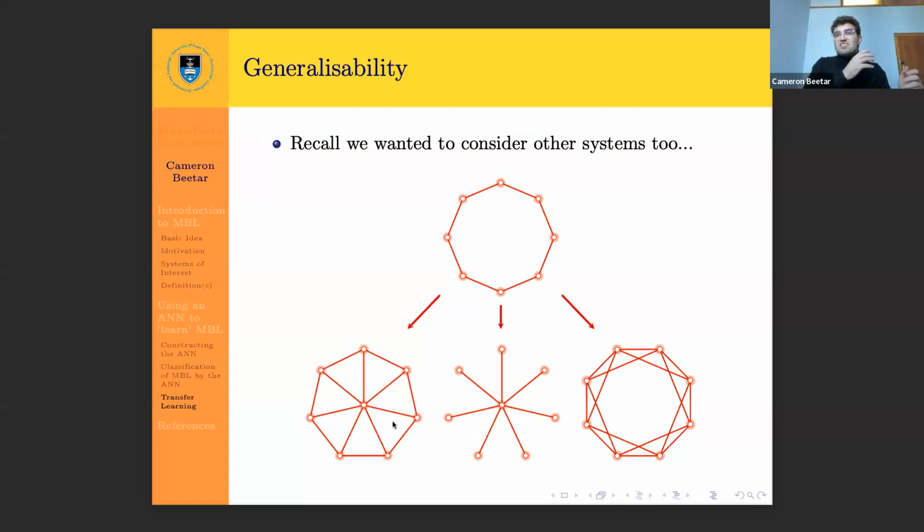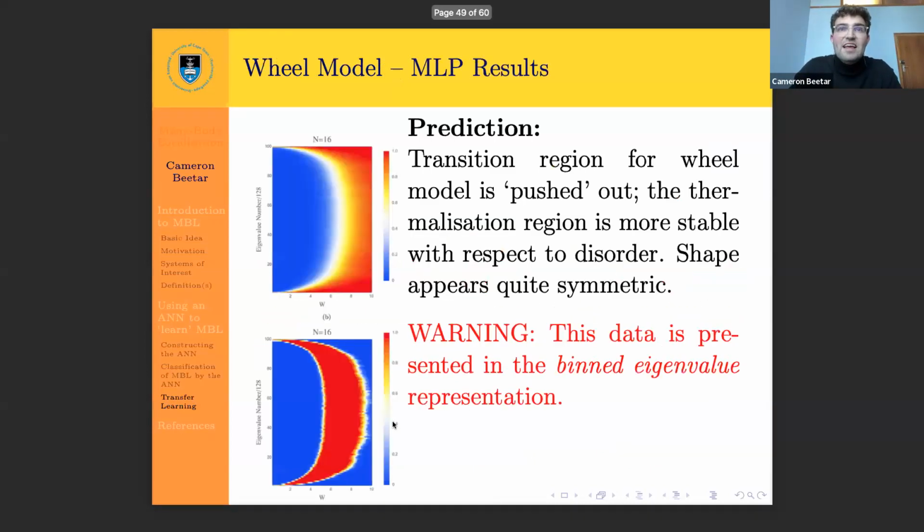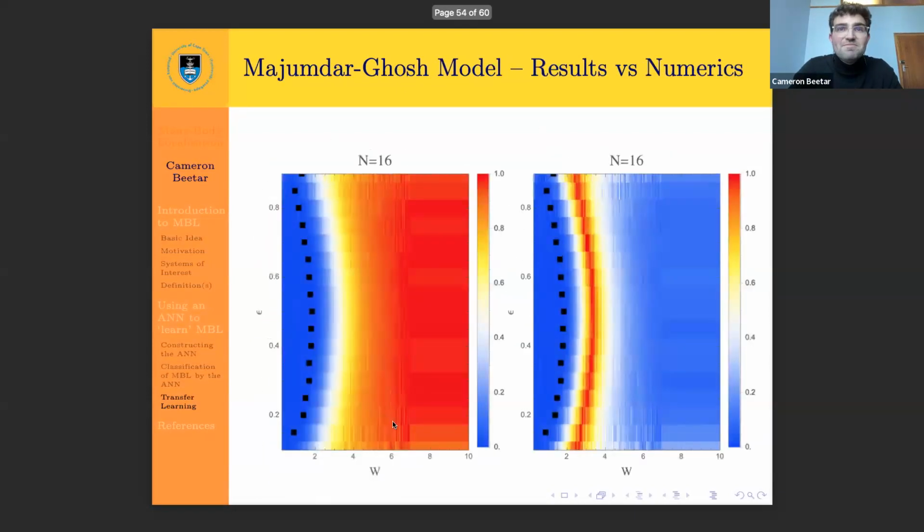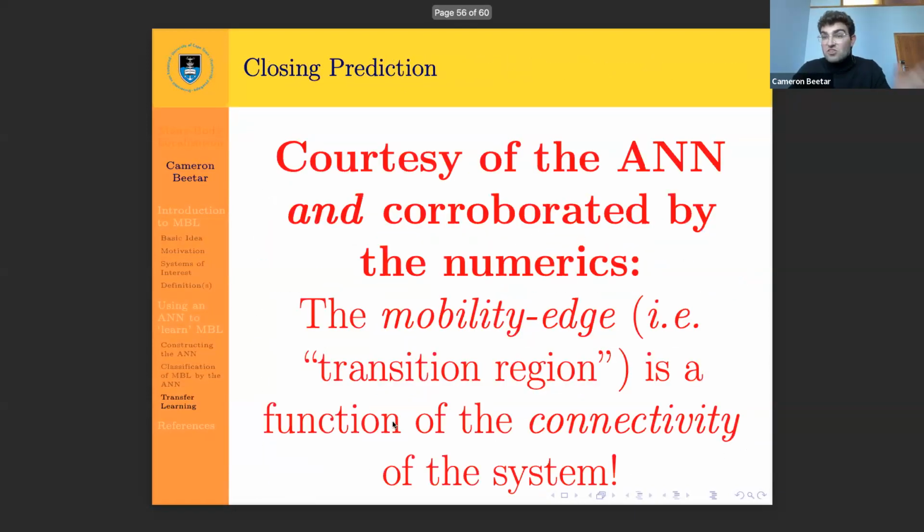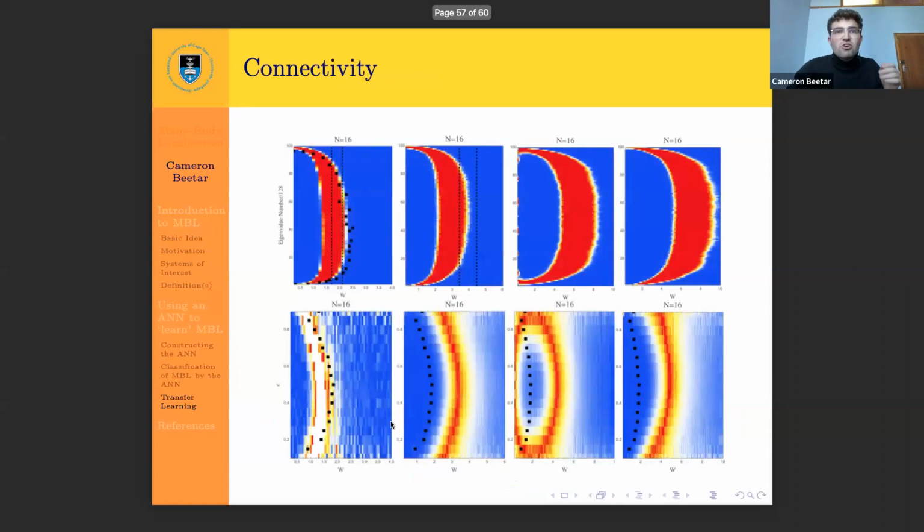As we increase the connectivity, we are pushing out this transition region. And that prediction comes courtesy of not just the numerics, but a prediction from the neural network itself.